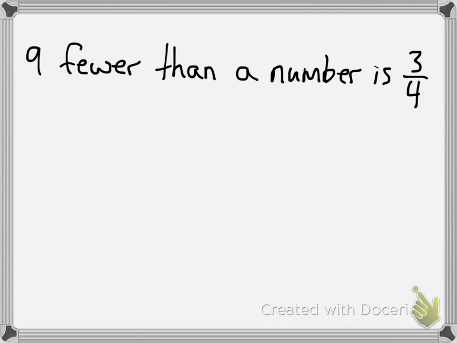Look at this example. 9 fewer than a number is 3/4. So we've got fewer, and fewer is just going to mean subtraction, right? We've got than, which means put it to the back. And then we've got a number, which we're going to put, let's put n for this number. You can make up any variable you want.